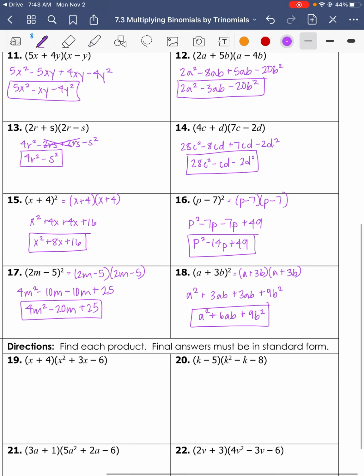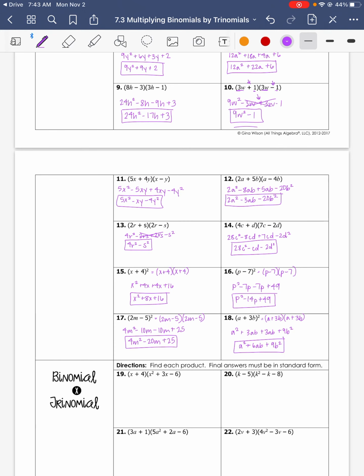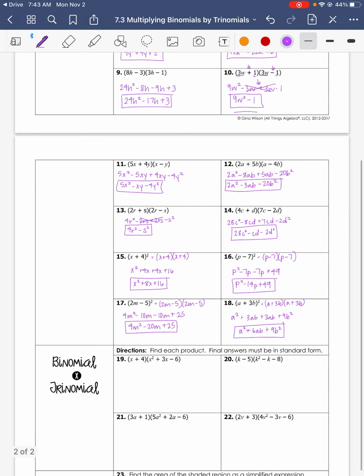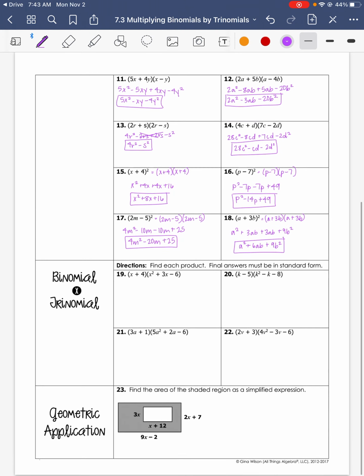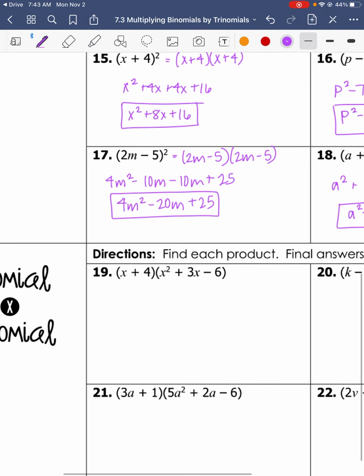There is that answer. All right, so we've done a bunch of binomials times binomials. We've had some special products where the middle term cancels out, and then we had some binomials that have been squared. So let's look at multiplying a binomial by a trinomial.